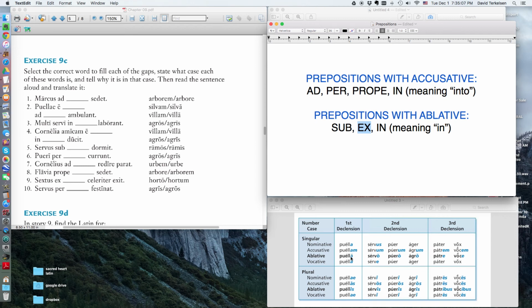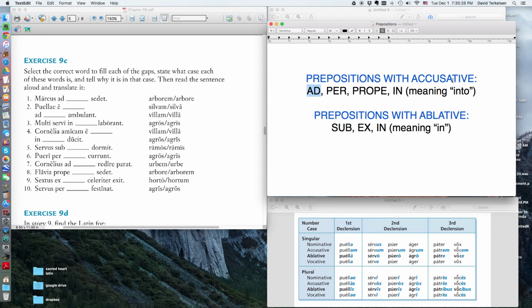That long a right there is ablative case. So a silva, out of the woods. Again, ablative, motion out of or from, often. But if you just want to memorize it, that's probably easier. They walk out of the forest, out of the woods, and they walk towards the villa.